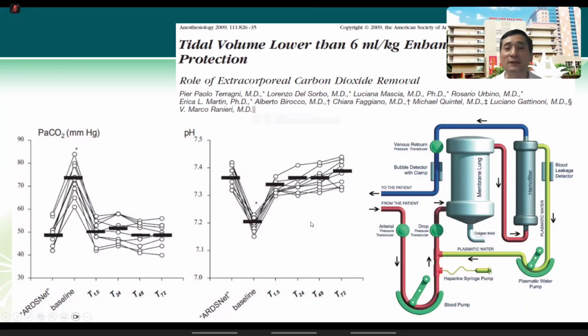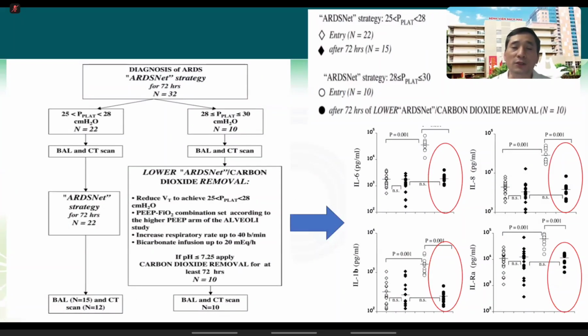This shows that the technology works very well for the patient. And how about the effect on the lungs? Even when we reduce the CO2 and the airway pressure and reduce the VT, what is the result for the lungs?